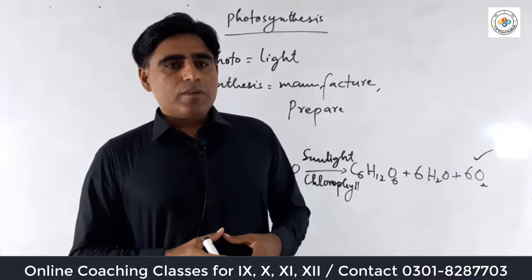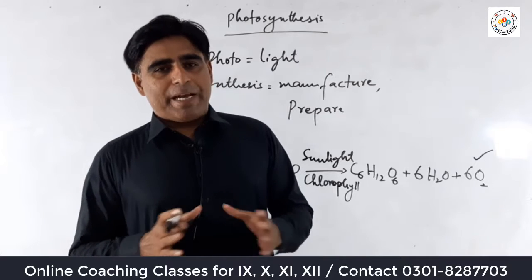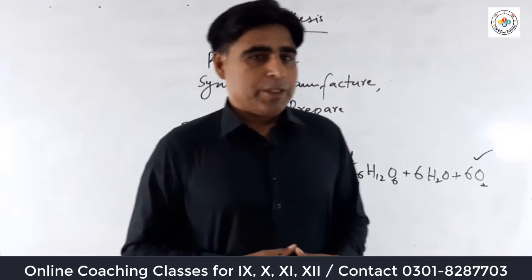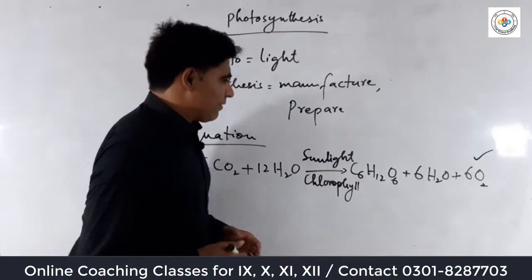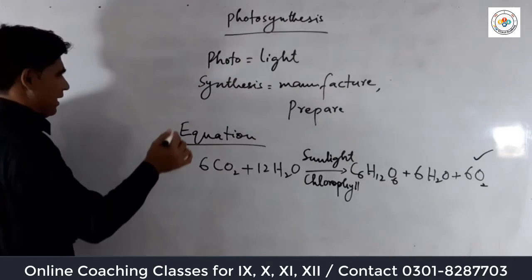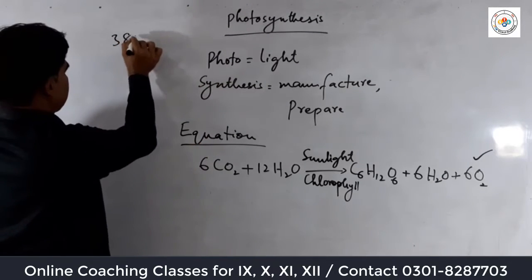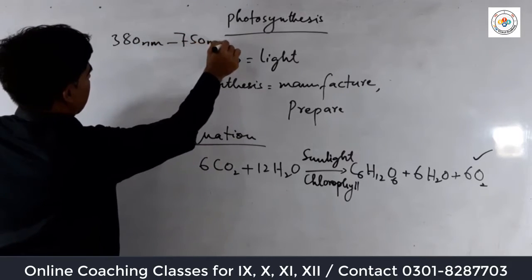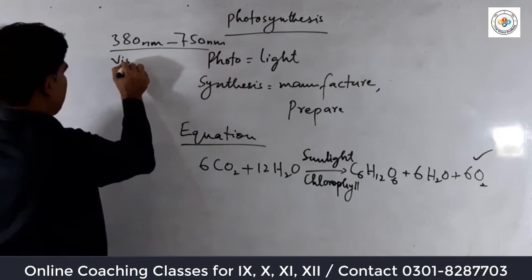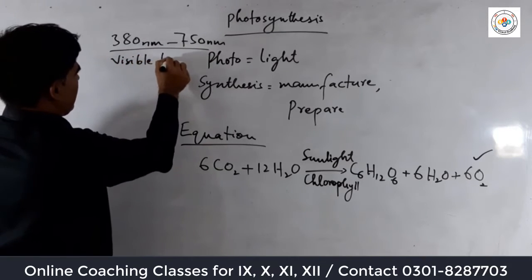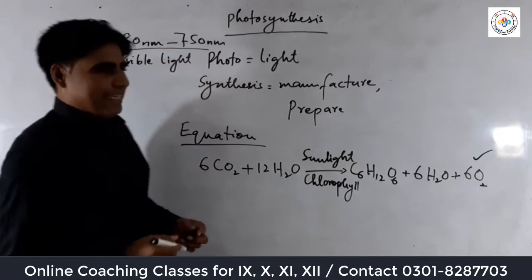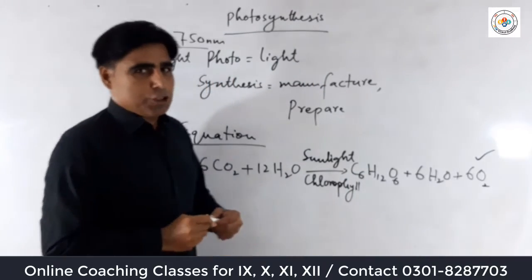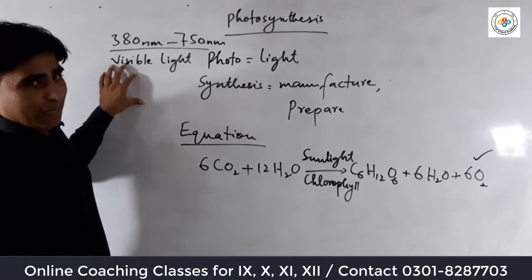The spectrum of light which is used in photosynthesis ranges from 380 nanometers to 750 nanometers, which is termed as visible light. There are other spectra of light as well, but the main spectrum used in photosynthesis is visible light.